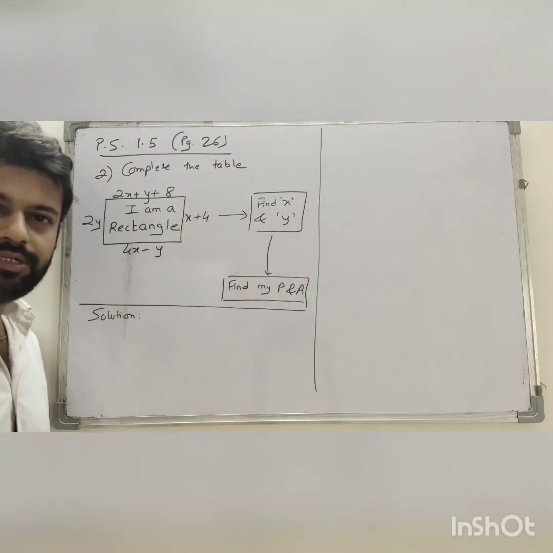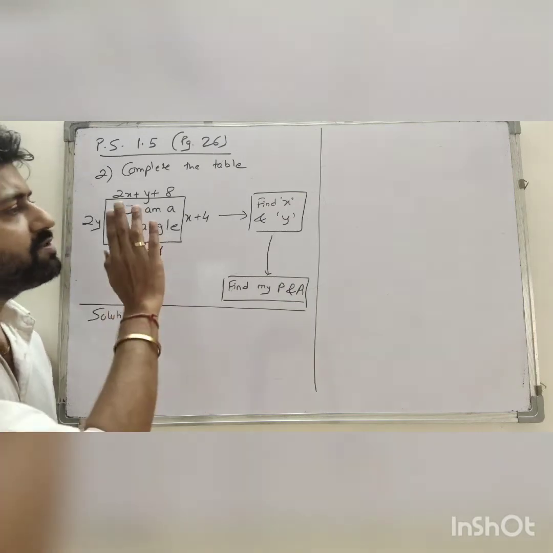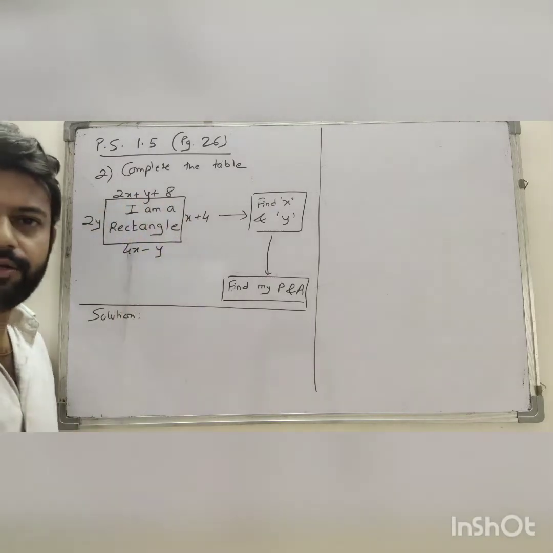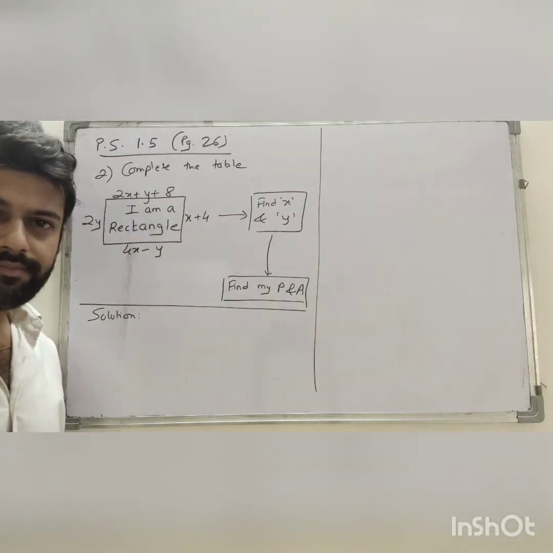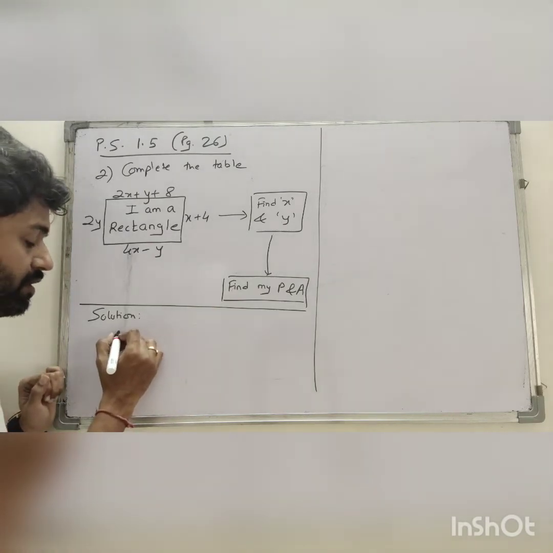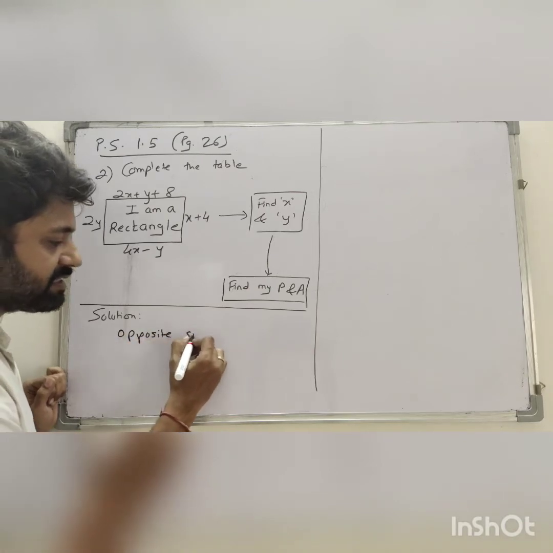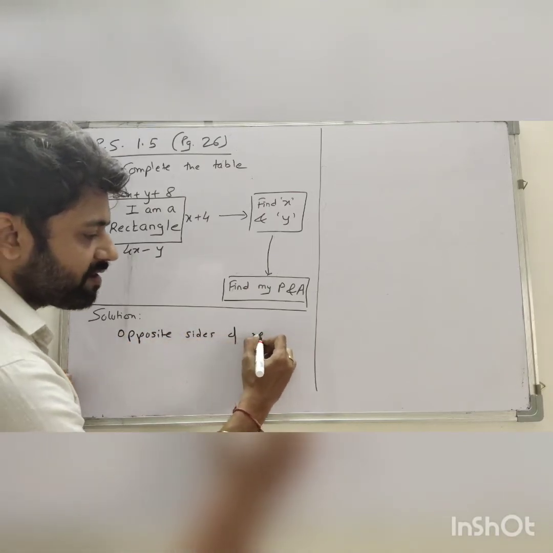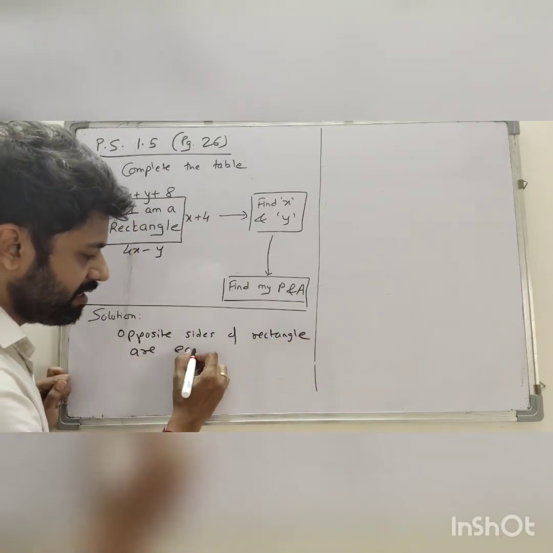To start the solution, we do not have any assumptions because x and y are already there in the question. We will directly start to form the equation. We know that opposite sides of a rectangle are equal.